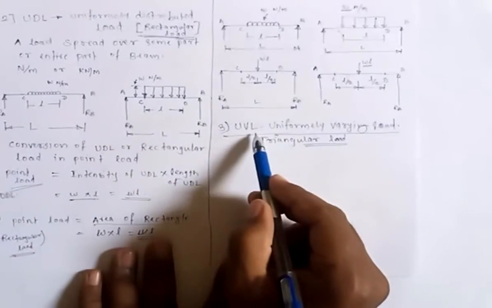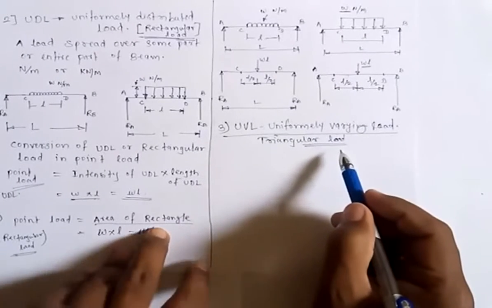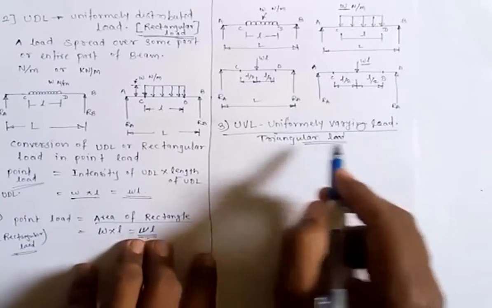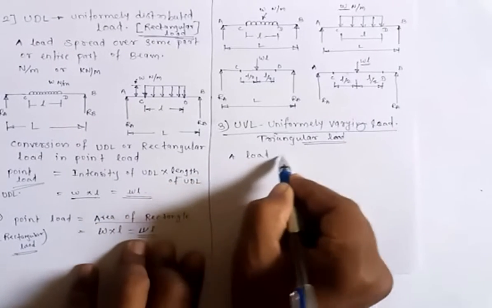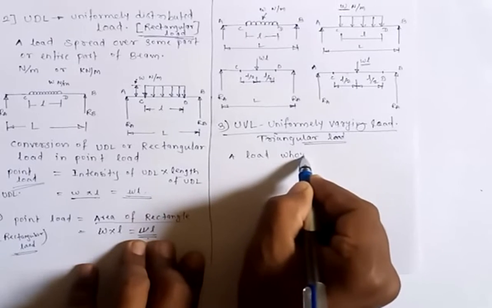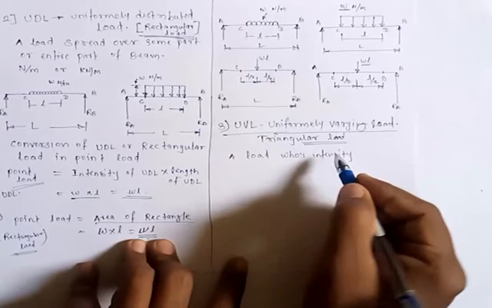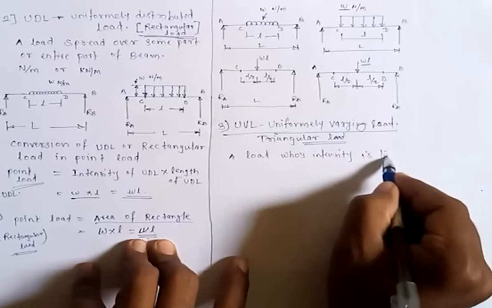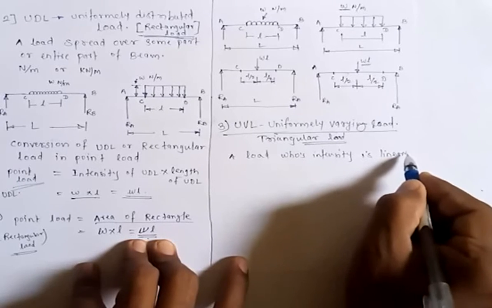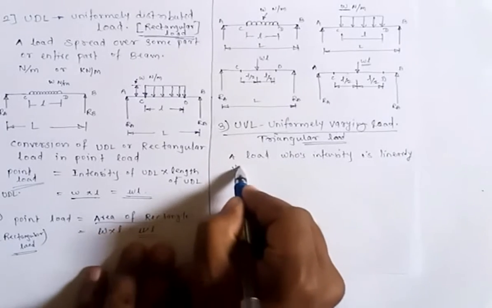But that is not the case with UVL, or uniformly varying load, or triangular load. It is a load whose intensity is linearly varying.